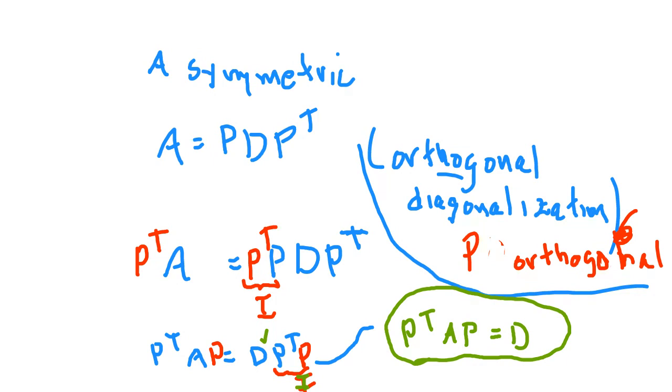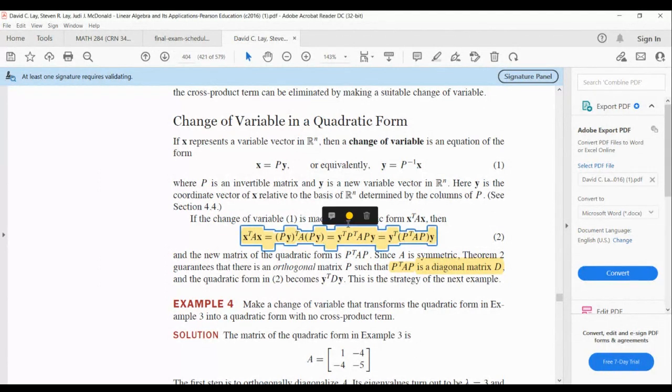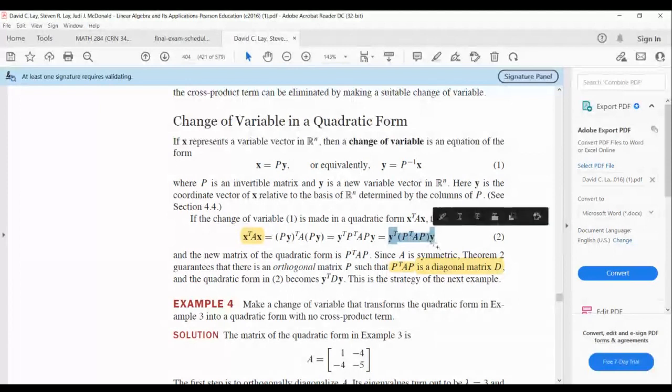So if we go back to our book here, the quadratic form x transpose A x will equal y transpose times that diagonal matrix, P transpose A P, times the vector y.